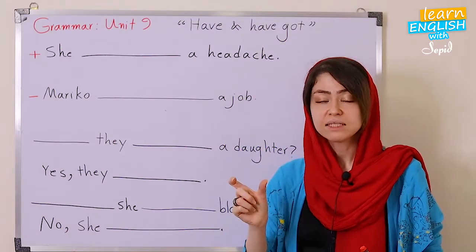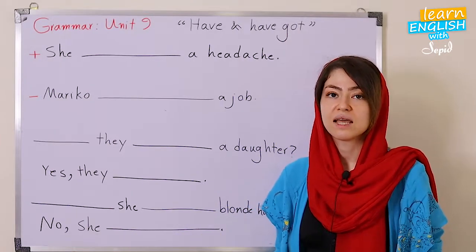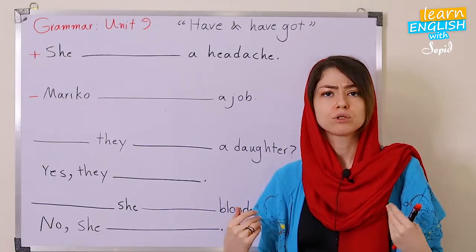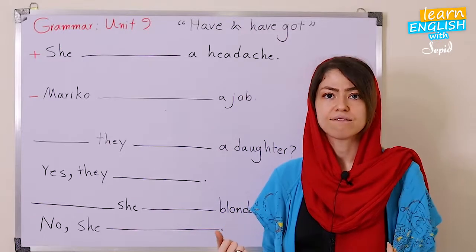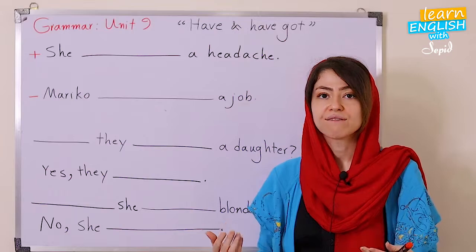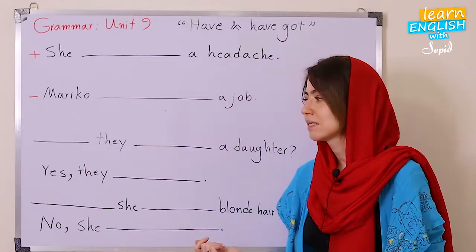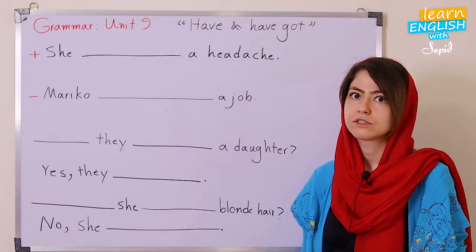Haven't got and hasn't got are the negative forms. So the question forms, you know that. Do you have, or does he have? Have you got, or has he got? Like this. And the short answers.